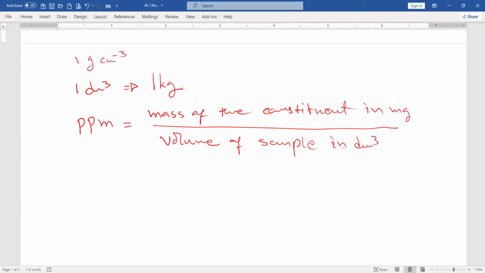By using this also, we can calculate the concentration in ppm.